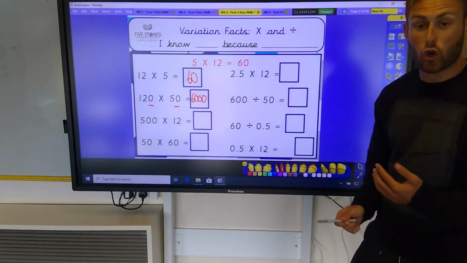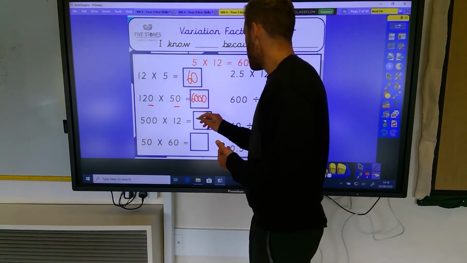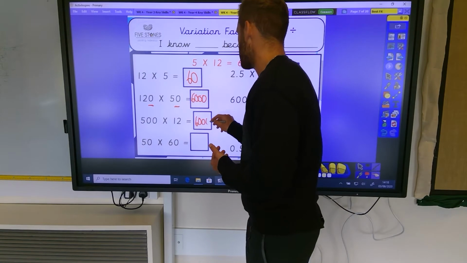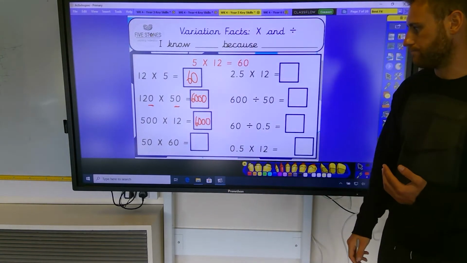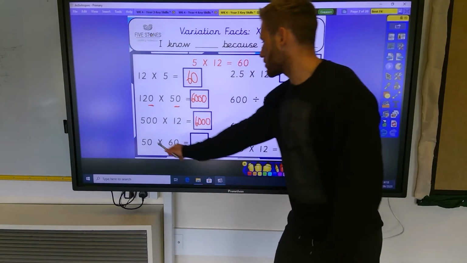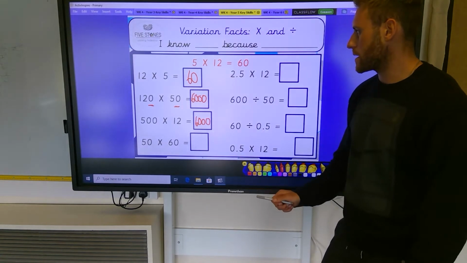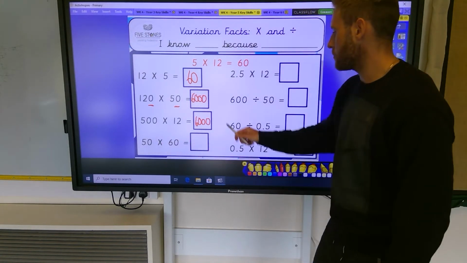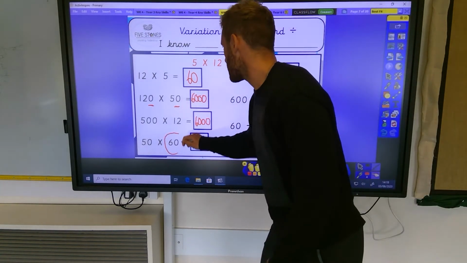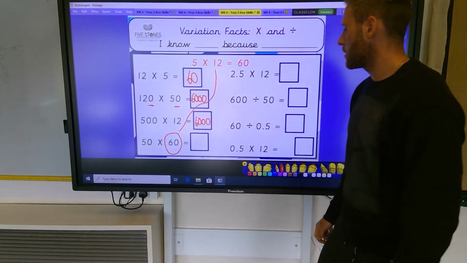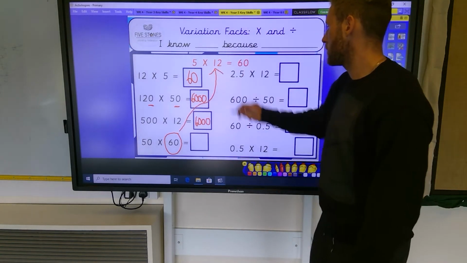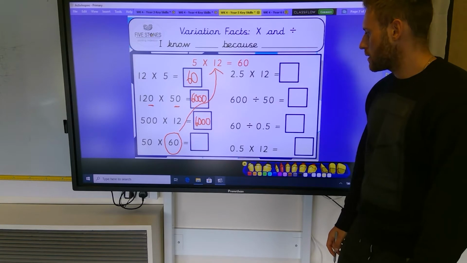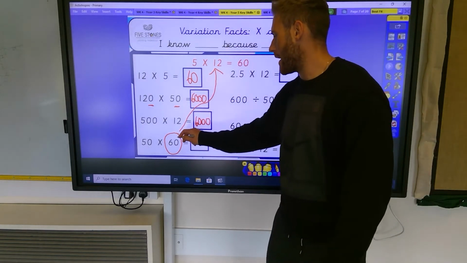So we've got 500 times 12. What's the difference? 100 times is the difference, meaning that our value still changes by that 100 times as well. So the 60 is actually changed to a 12. Okay, so this uses a half fact.